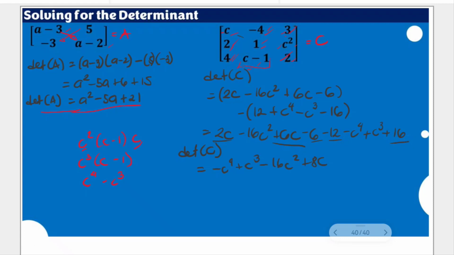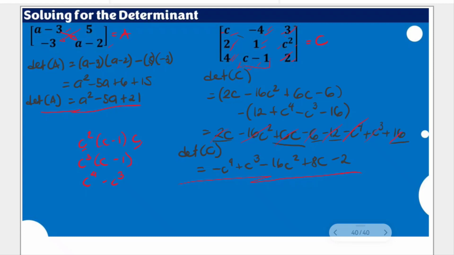So minus 6 minus 12, that's minus 18, so plus 16, minus 2. Again, let me check. Minus C to the power 4 plus C cubed minus 16C squared. This is 8C. This is minus 18. And you will have here plus 16 is minus 2. This is now your representative algebraic expression for your determinant for this 3 by 3 matrix.